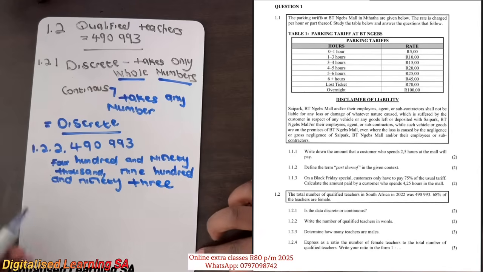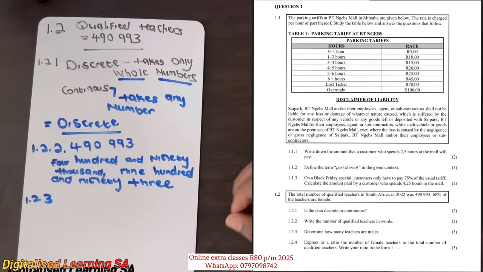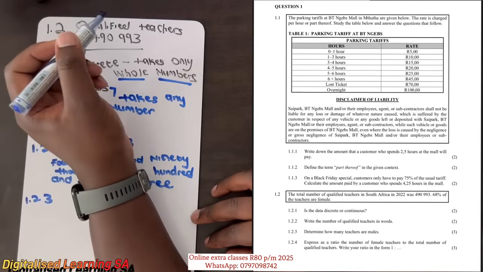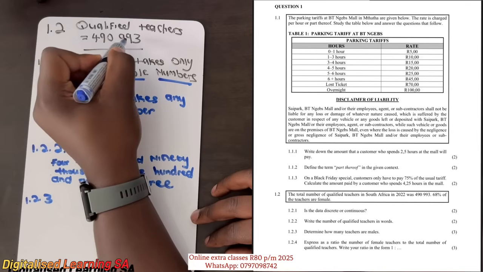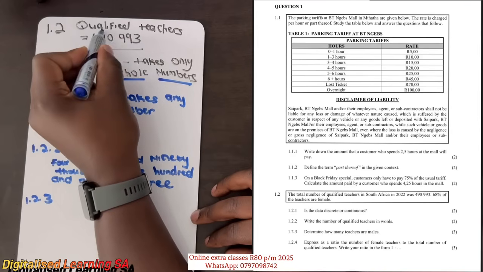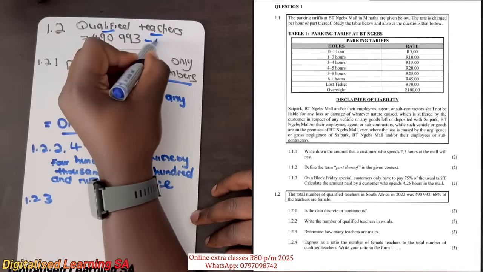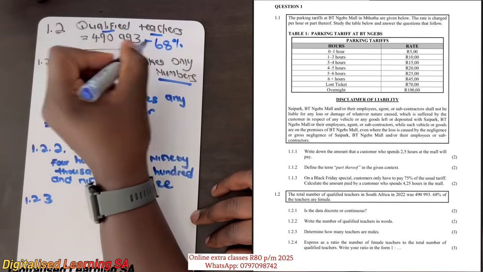So let's go ahead and answer question 1.2.3. So question 1.2.3 says that determine how many teachers are male. Okay, so we know that if we go back to our statement, we are told that 490,993 is the number of qualified teachers, and on this amount 68% are female.